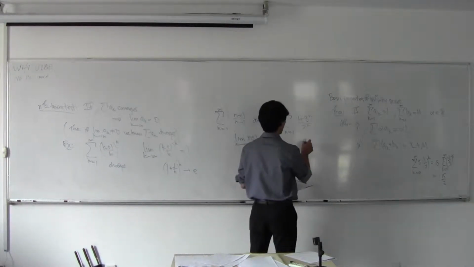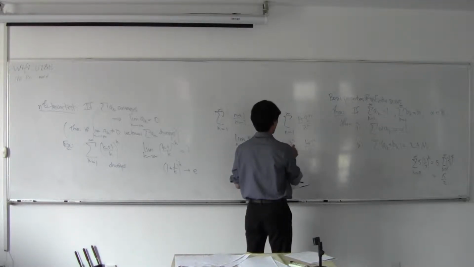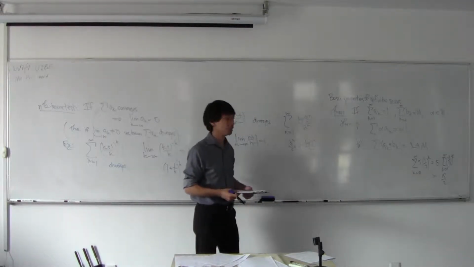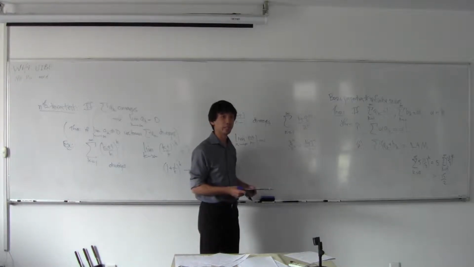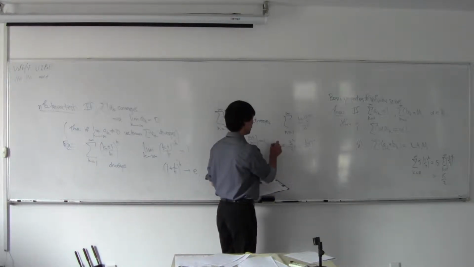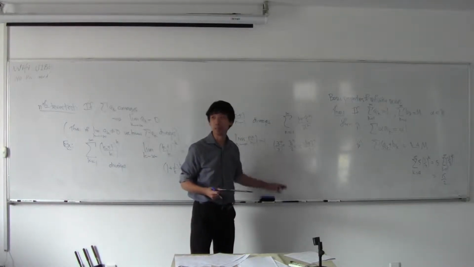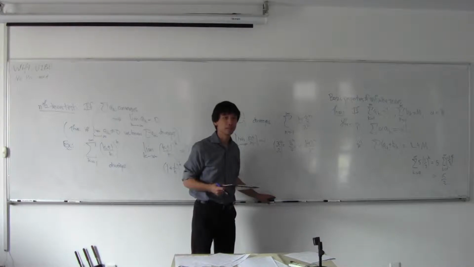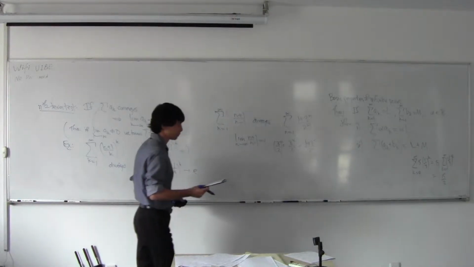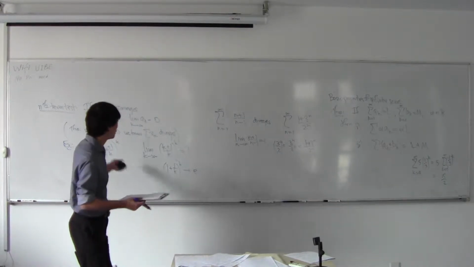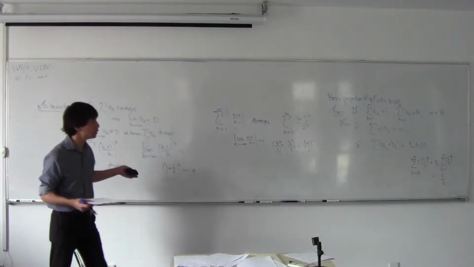Because this thing here is bigger than 3 to the n over 2 to the n, which is (3 halves) to the n. And as n goes to infinity, this thing becomes infinite. Okay, so this is how you use the nth term test.